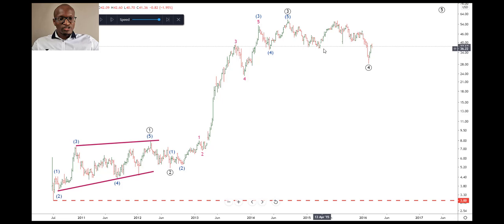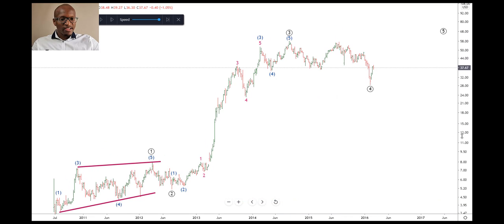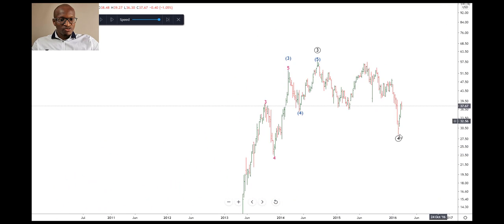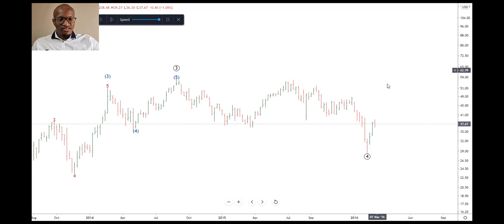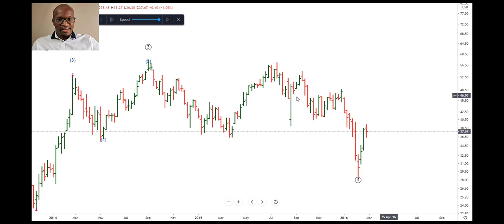But this wave 4 has also come down in 3 waves, 1, 2, 3. But the center wave here, with experience and hindsight as well, I can see it has formed what we call a triangle. And I will just zoom in on the triangle and show the internal labels of this triangle.